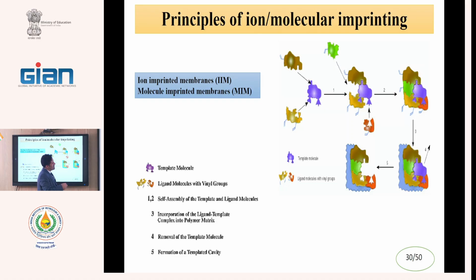Therefore, we have a monomer, a target, and a cross-linker. We mix monomer, cross-linker, solvent, and target together and prepare a film. After the film, we go to the oven, and with heating or UV irradiation, complete the polymerization, and the obtained film can act as a membrane.